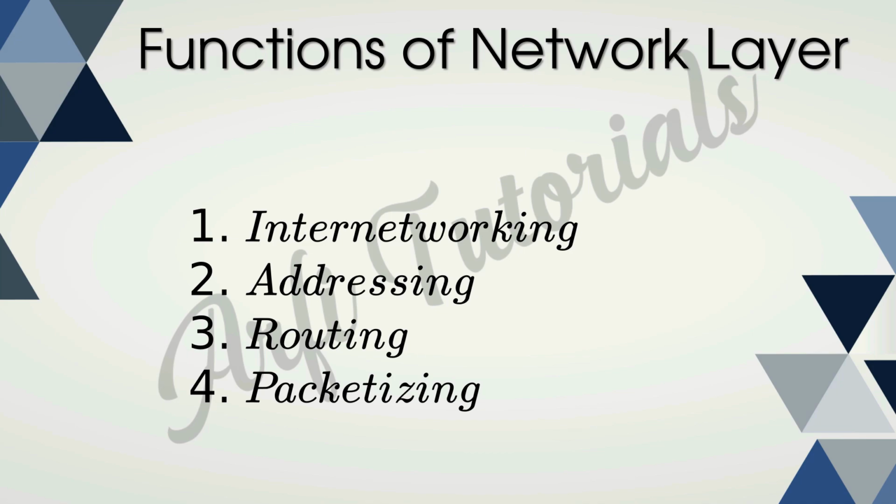Third, routing. Routing is a major component of the network layer and it determines the best optimal path out of the multiple paths from source to destination. Fourth, packetization. A network layer receives the packets from the upper layer and converts them into packets.